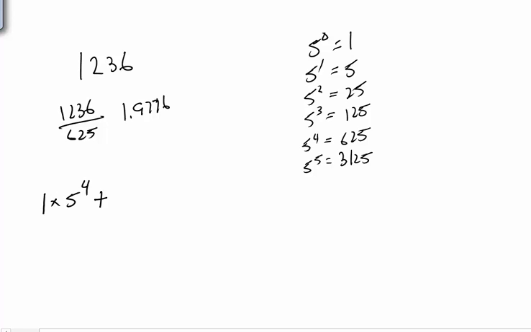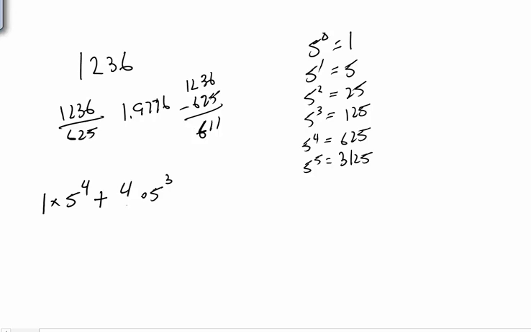So 1236 minus 625. I get 611. Okay, so now we're looking at the next position, so how many 5 cubes can I fit into 611? So what is 611 divided by 125?